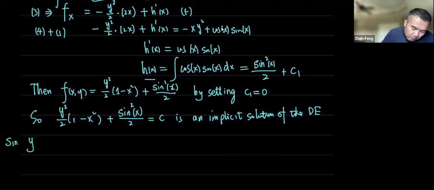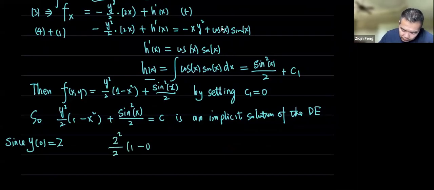Since y of 0 equal to 2, replace x by 0, then y has to be 2, right? So we get 2 squared over 2 times 1 minus 0 squared, plus sine squared of 0 over 2 equal to c, right?